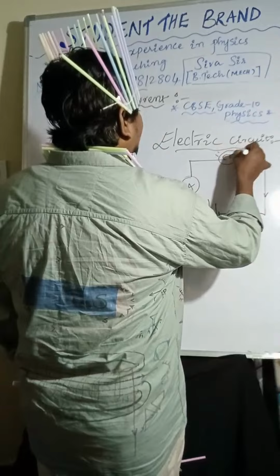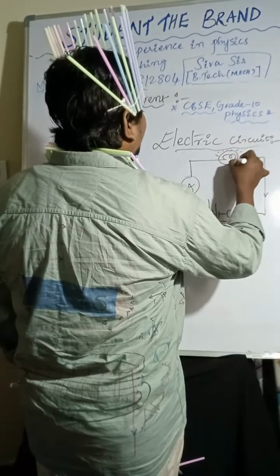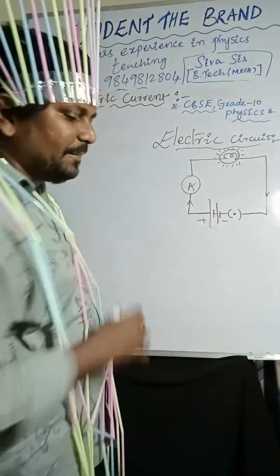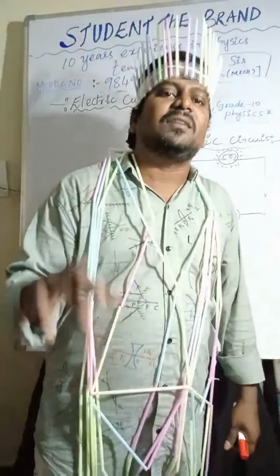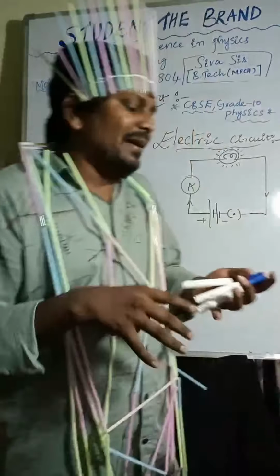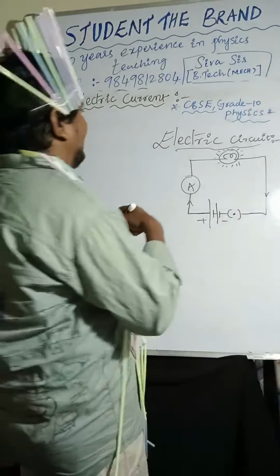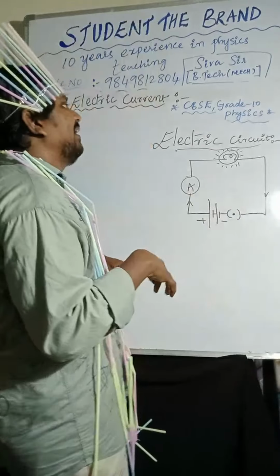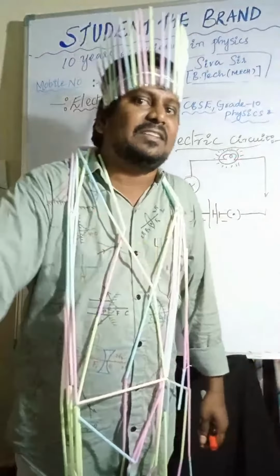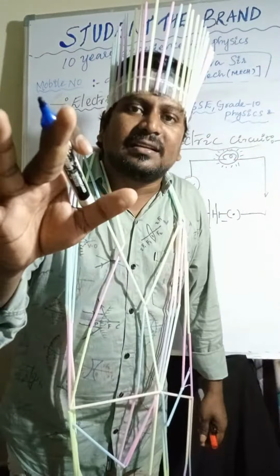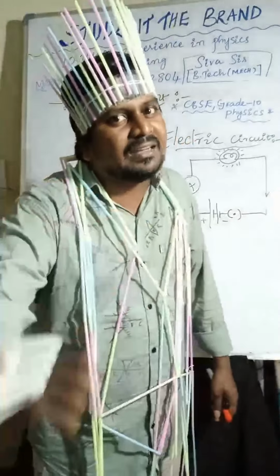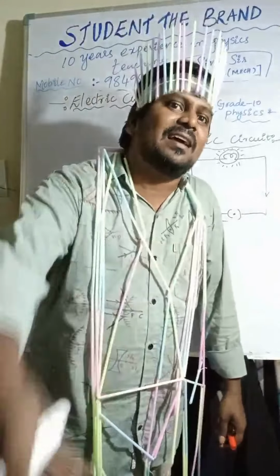So the bulb is glowing because current is flowing inside of the circuit. A continuous and closed path of an electric current is known as an electric circuit.